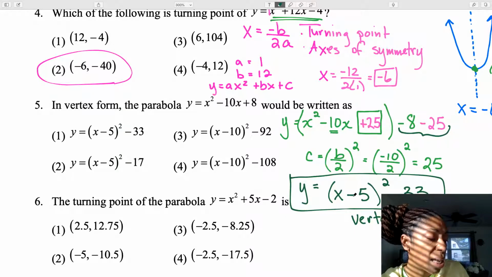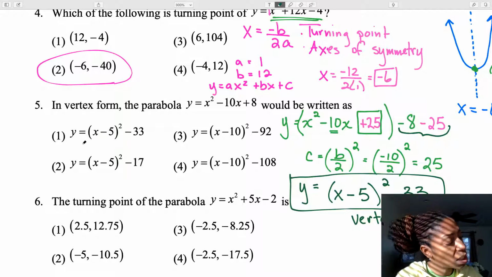Because of this minus 5, we know it's going to be a positive 5 for x. It's been shifted to the right 5 units. And the y value, or the constant, tells us our y, negative 33. It's been shifted down 33 units. So that answer choice is 1.